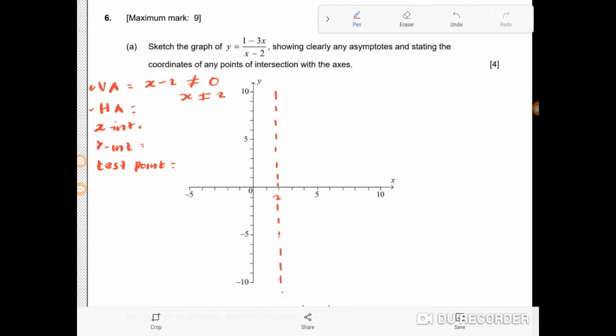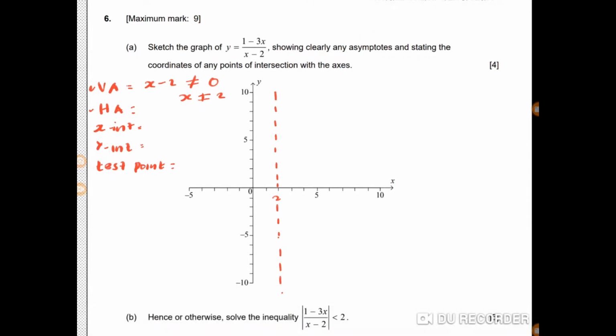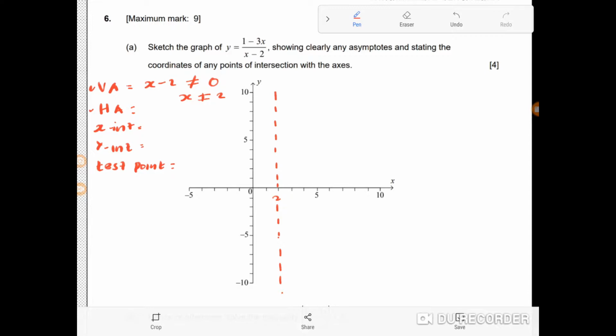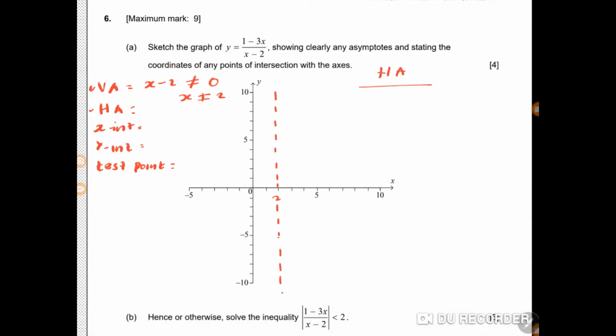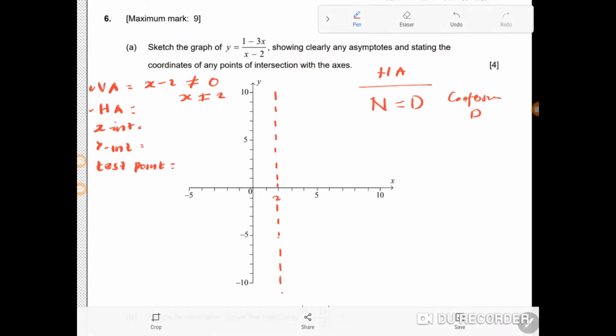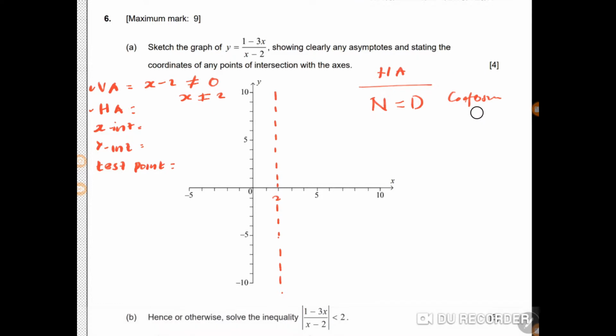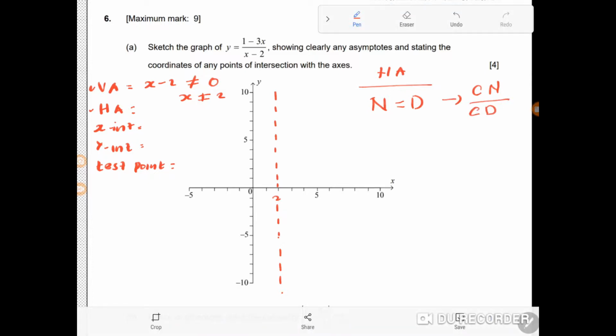The first: when the highest degree of the numerator is the same as the highest degree of the denominator, it gives the coefficient of the numerator divided by the coefficient of the denominator, for the highest degree of x.